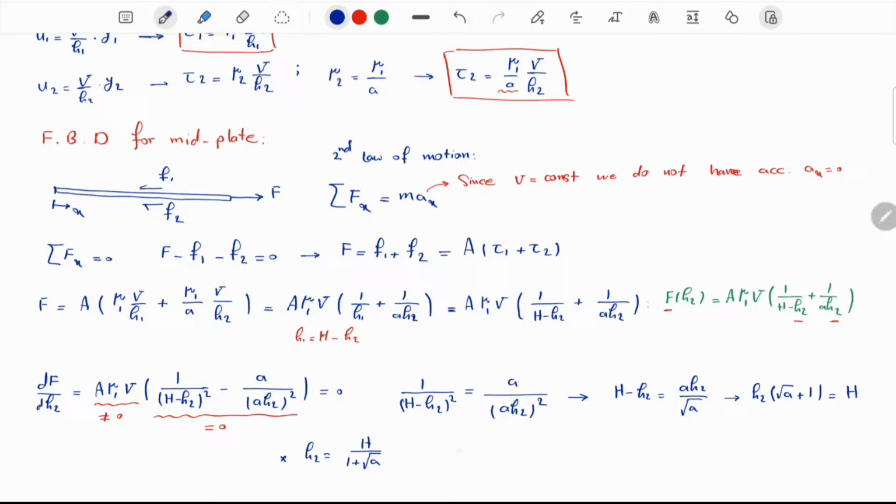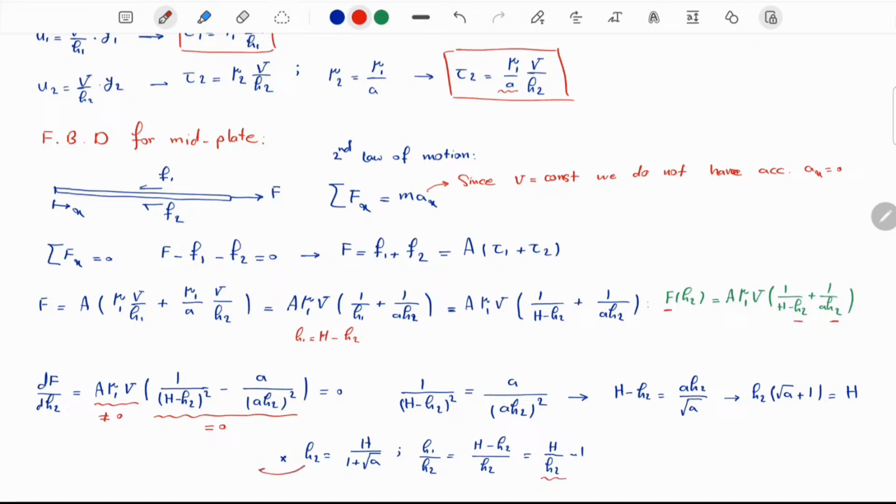What's the problem's aim? Its aim is determining H1 over H2. I write this like this. H1 is capital H minus H2, over H2 at the same place. And this equals H over H2 minus 1. But what was H over H2?